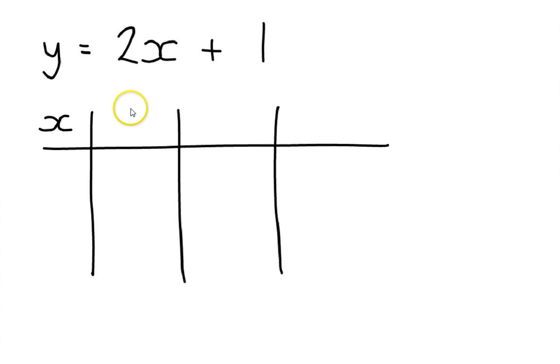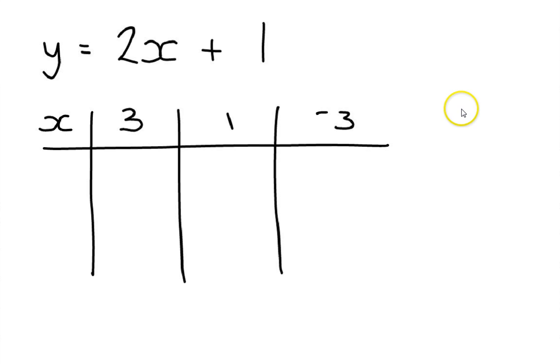Sometimes in an exam question you will be given numbers to take for x. Sometimes you will get to choose. So, we're going to start with this equation here, and remember, you can use any numbers you like. I'm just going to put 3, 1, and we'll use negative 3 in there as well.